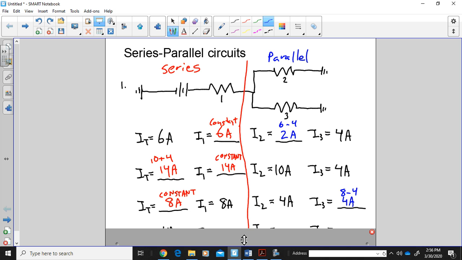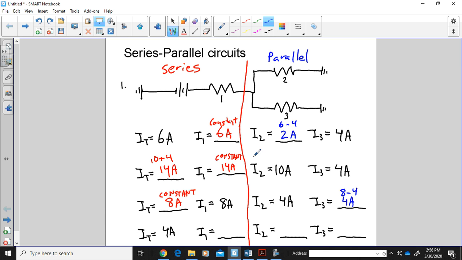I think we have one more. There it is. Same diagram, series parallel, 4 amps total. We know that in a series circuit, current is constant, so we can fill out 4 amps here. And then how's it going to split when we go to parallel?